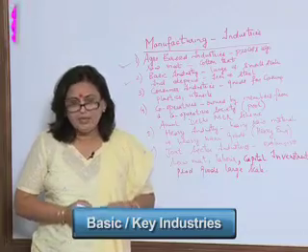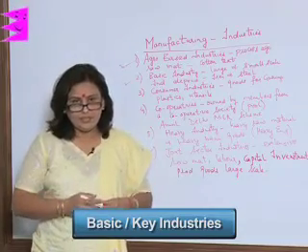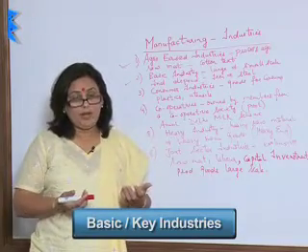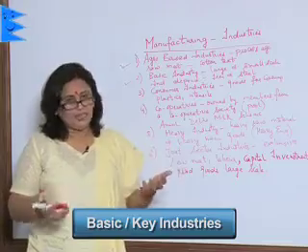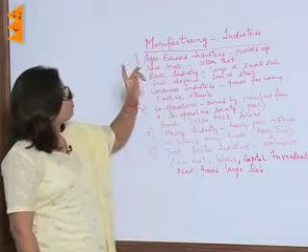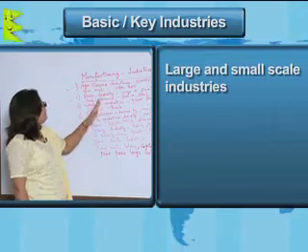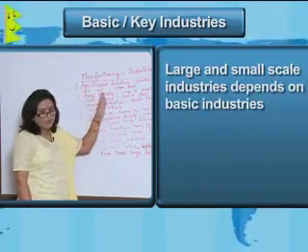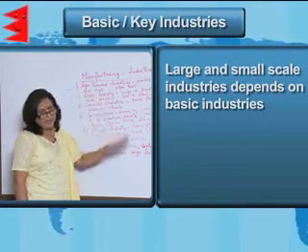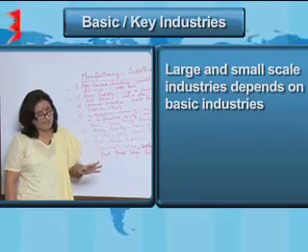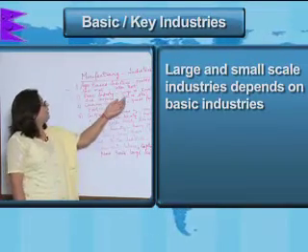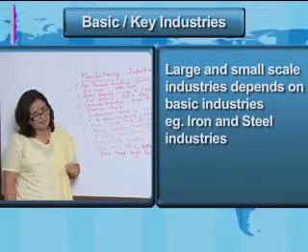As the word suggests, they are the industries which we can also call the key industries, because all the large and the small scale industries depend on these basic industries for everything. And the example is iron and steel industry.